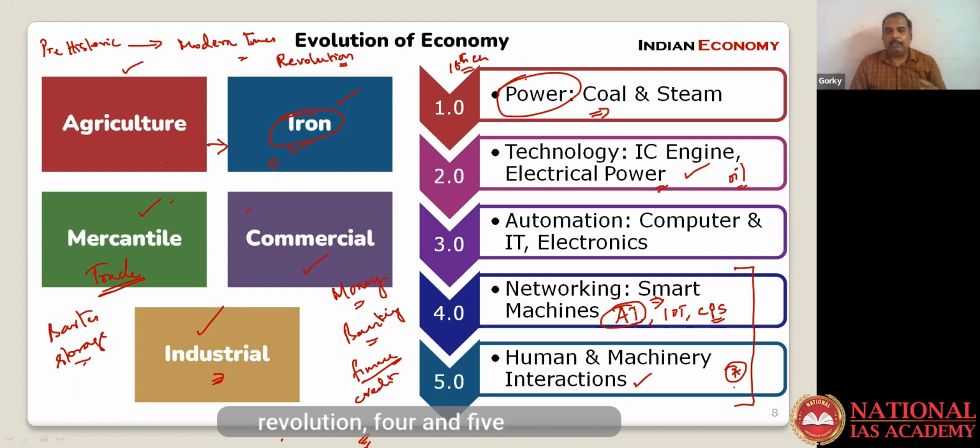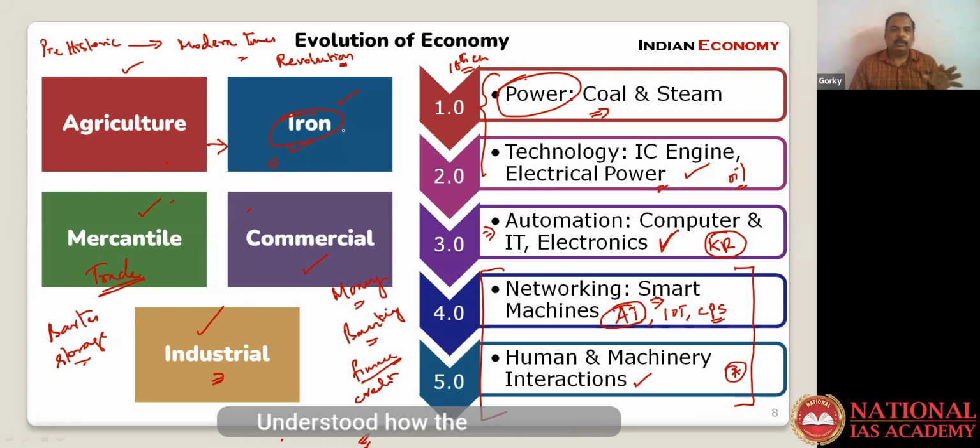So 4 and 5 we call the digital revolution, right? Whereas the third one, we call it the knowledge revolution, because here knowledge becomes more important. Clear? So here it is more of a mechanical revolution, whereas here it is more of a knowledge revolution. Here it is more of a digital revolution.